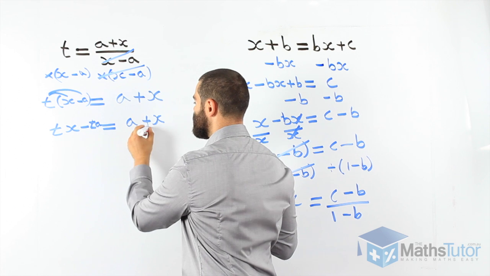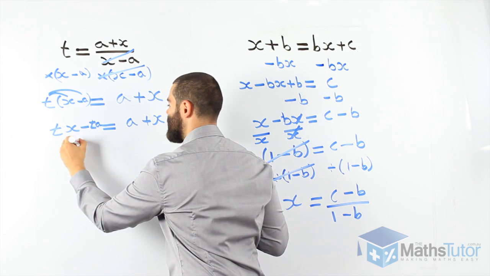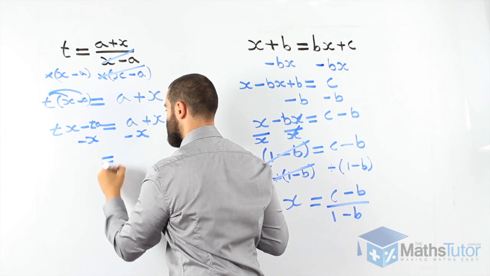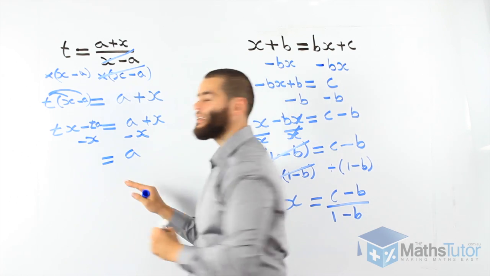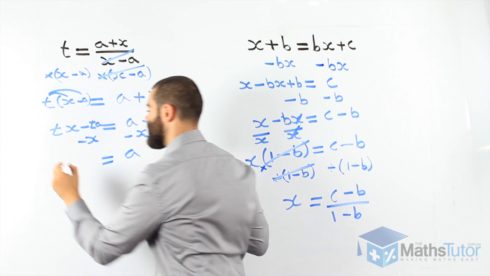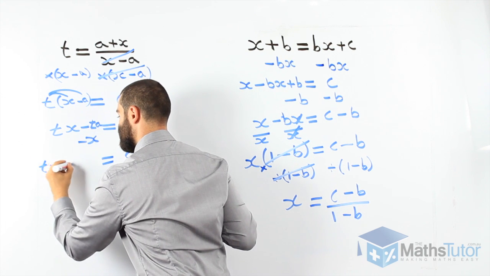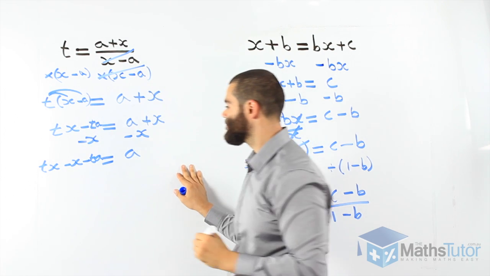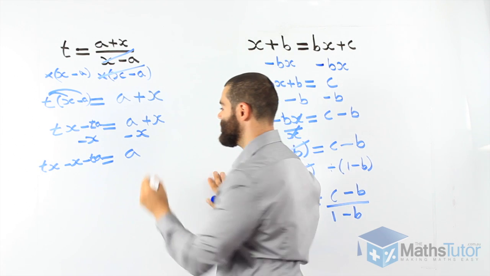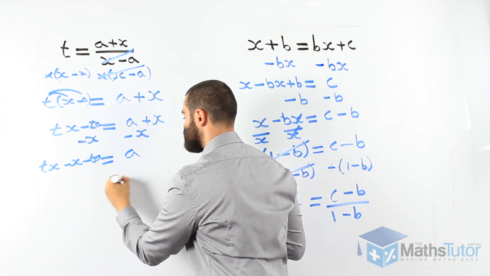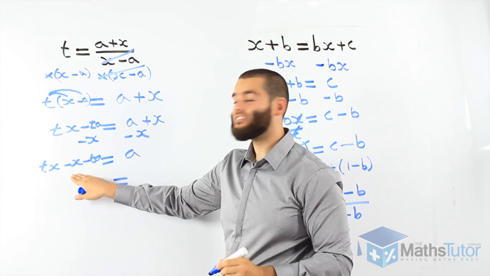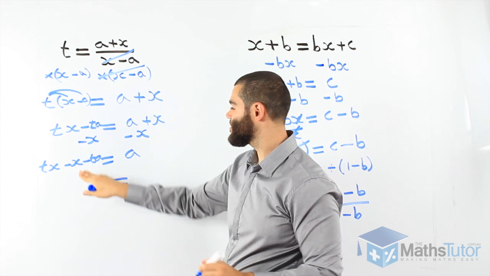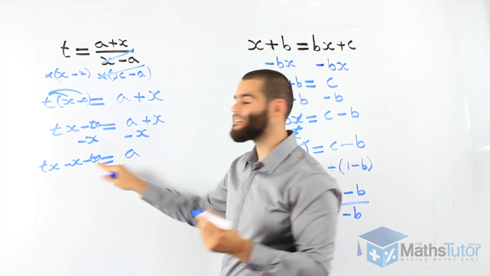So let's say take this x over there, minus x, minus x. So we're left with a, and here we have tx minus x minus ta. Now we have equals to a. Leave the x's on one side and take away the ta on the other side, make it a plus because it's minus ta, becomes plus ta.